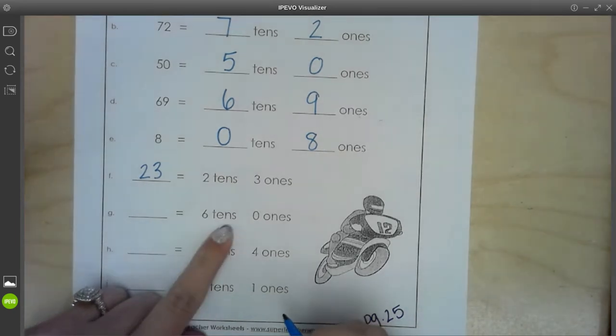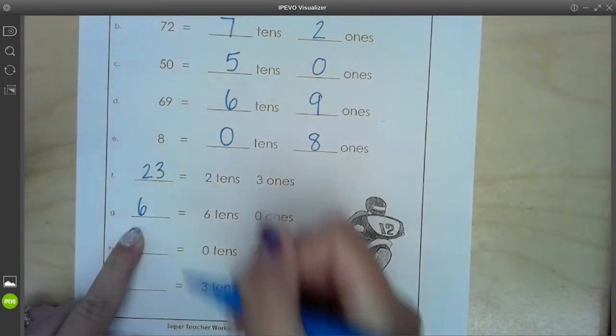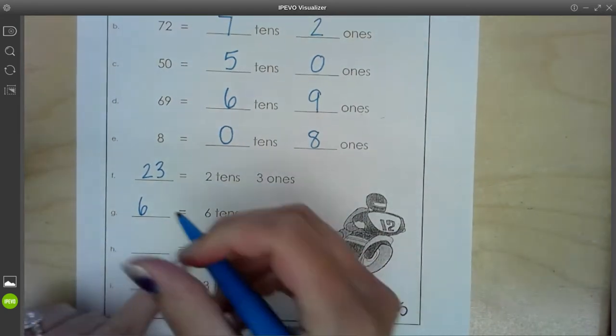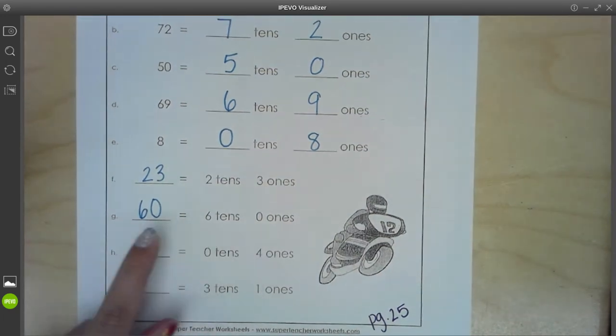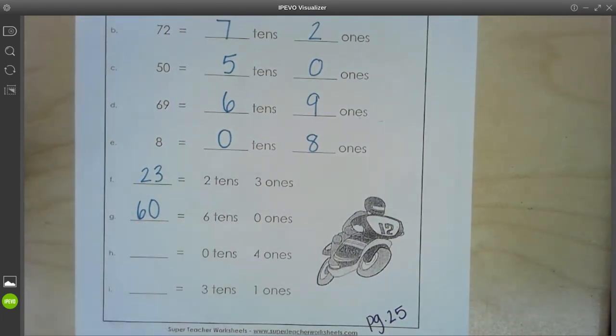Next, we have 6 tens, 6 in the 10 spot, and 0 ones. So 6 tens and 0 ones gives us the number 60.